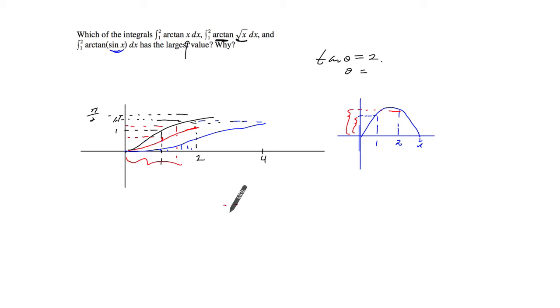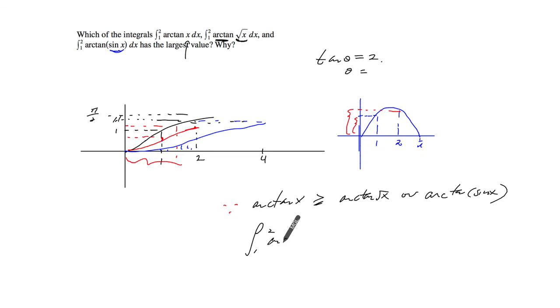Okay, so we can say since arctan x is greater than or equal to arctan root of x or arctan sine of x, we can say the area from 1 to 2, arctan x, is the largest.